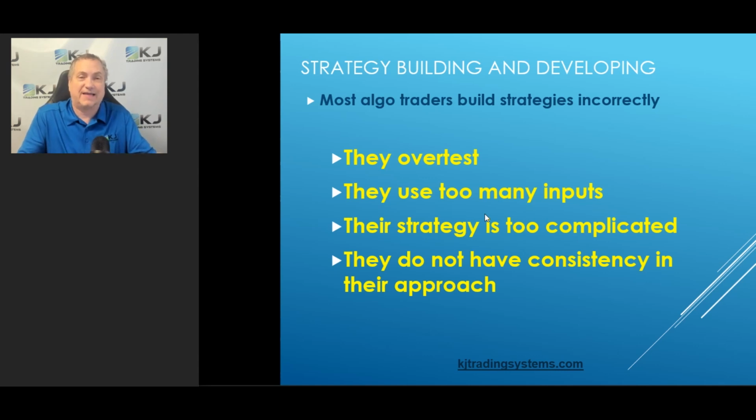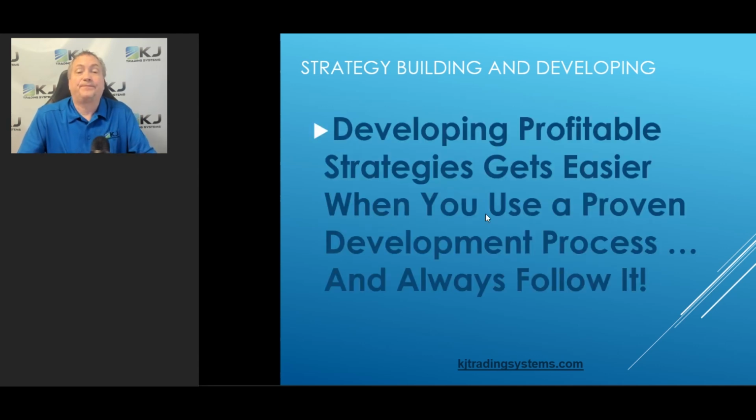Some strategies they'll test a lot, some they'll test a little bit, some they'll add extra tests. They'll do all sorts of things, but they're not consistent. And when you don't do things consistently on the test end, you're probably not going to get consistent results on the real time end. So using a proven process really helps you. That's something to keep in mind.